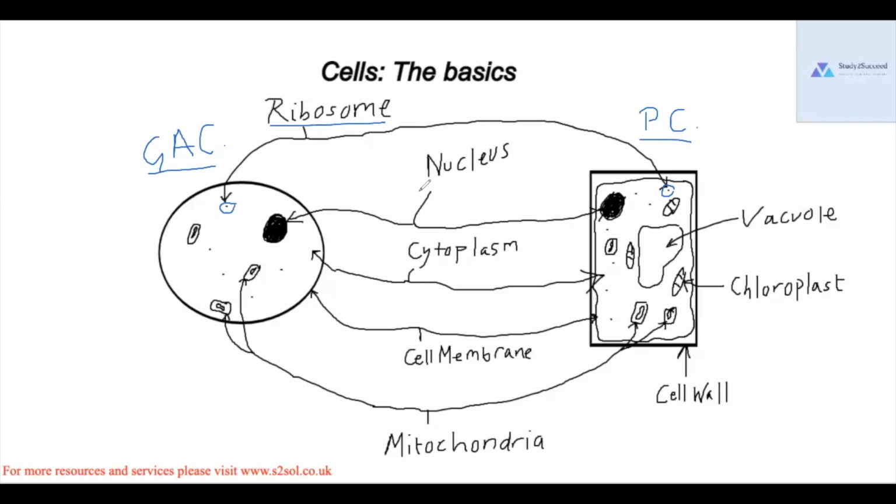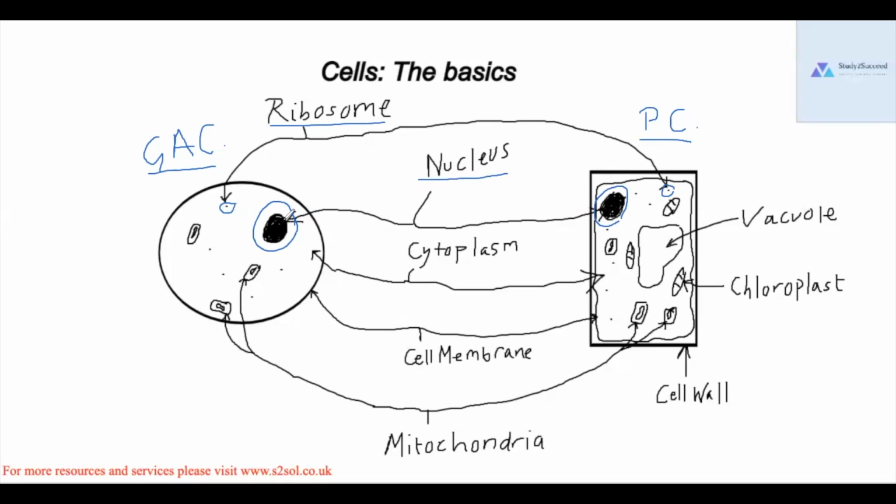The next structure that we have is this kind of larger black circle that we have here in the generic animal cell and here in the plant cell. This structure is called the nucleus. And the nucleus, again, is really important. The nucleus is the structure where all our genetic information is contained.